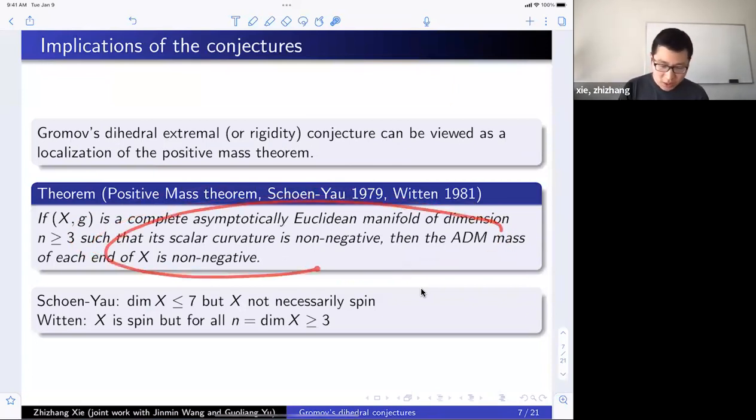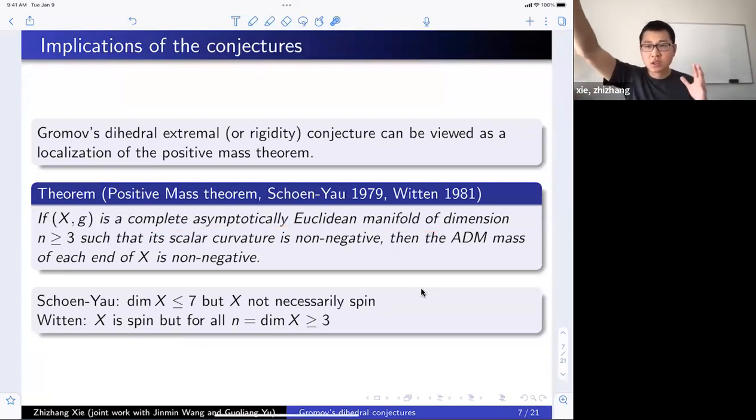By a theorem of Lohkamp, you can reduce the result to basically a complete asymptotically Euclidean manifold with one end. By some lemma you can reduce it to one end, and now you assume that the end has negative mass.